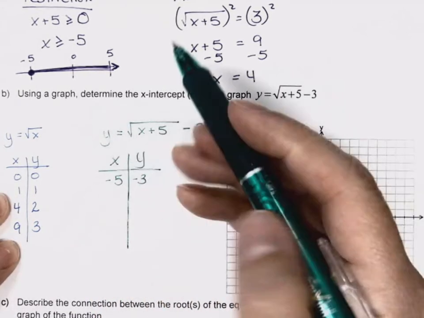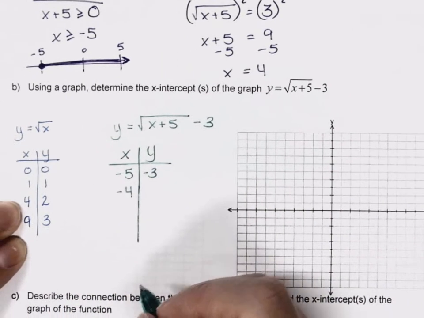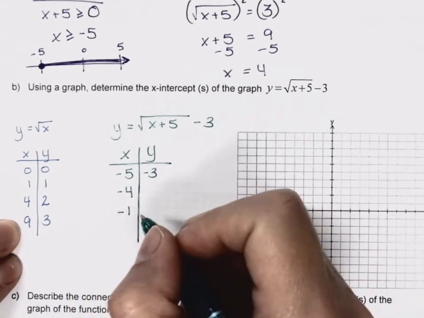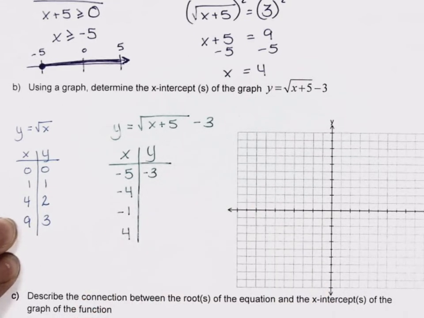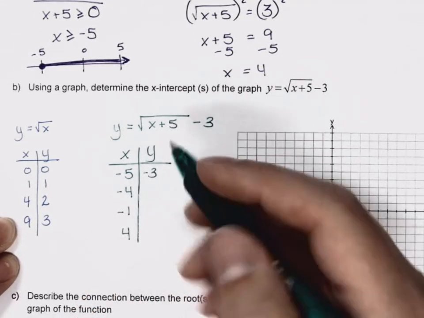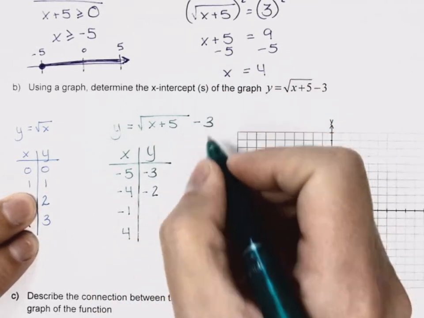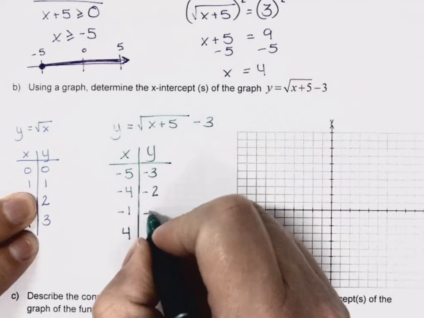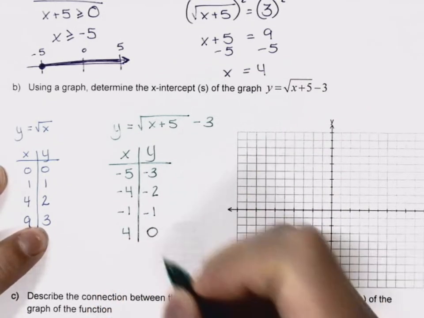Yep, for sure. This is going to be (-4, -2), that's going to be (-1, -1), and that one will be (4, 0). 1 minus 3 is -2, -2 minus 3 is -1, and 3 minus 3 is 0.